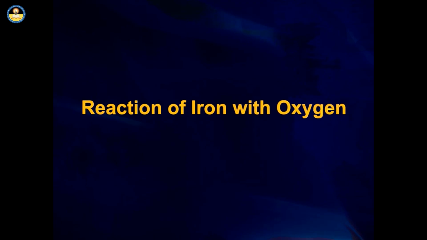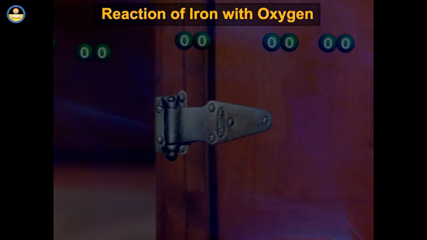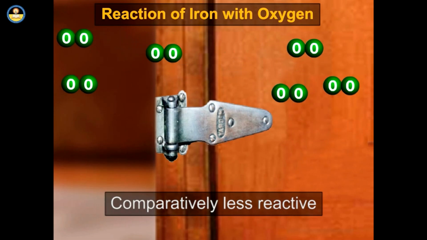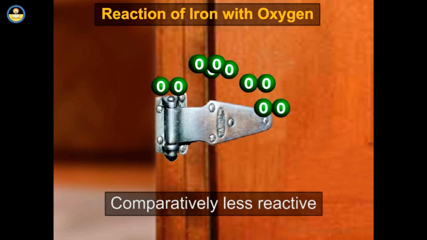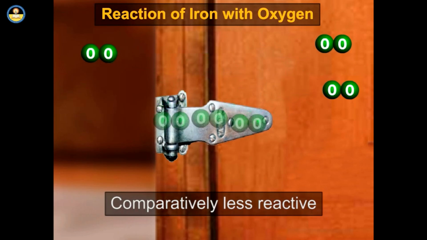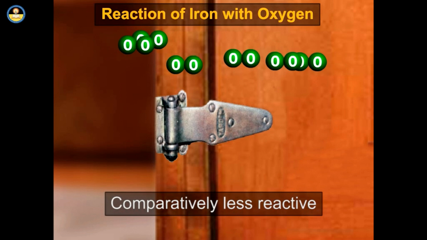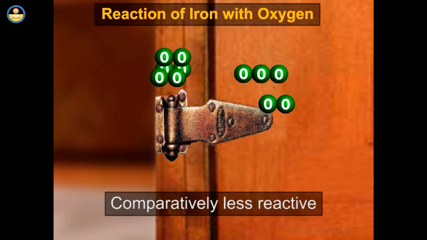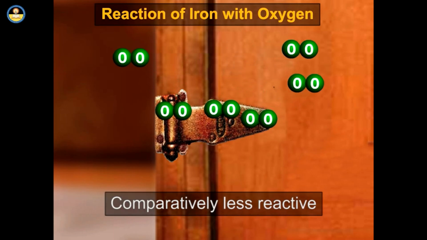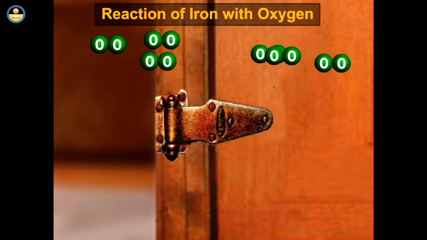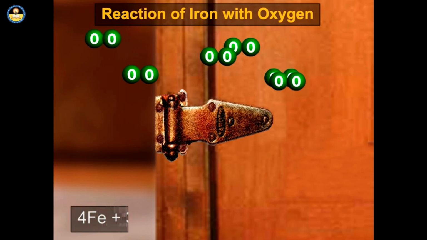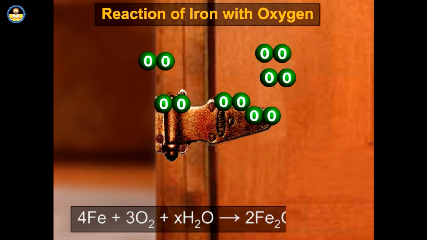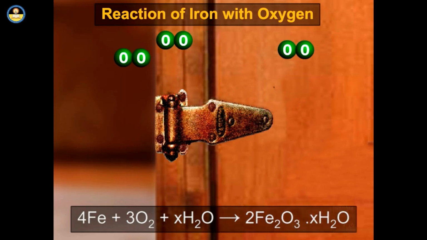Reaction of iron with oxygen. Iron is comparatively less reactive. It reacts with oxygen but does not burn. When iron is exposed to moist air for a long time, it undergoes rusting, which can be easily identified by the presence of a reddish-brown flaky coating on the surface. 4Fe reacts with 3O2 plus xH2O to give 2Fe2O3.xH2O.